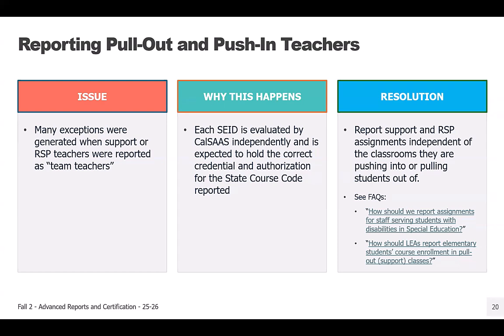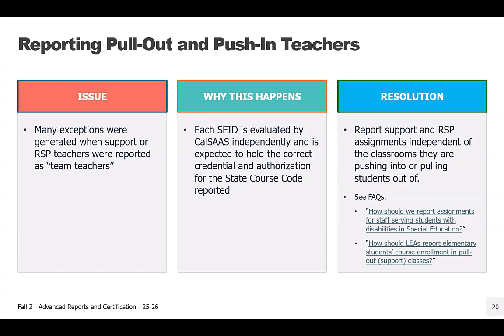So one of the issues that they saw was that many exceptions were triggered when support or RSP teachers were reported as team teachers. The reason that happened was each SEID is evaluated by CalSAAS independently and is expected to hold the correct credential and authorization for the state course codes that are reported.